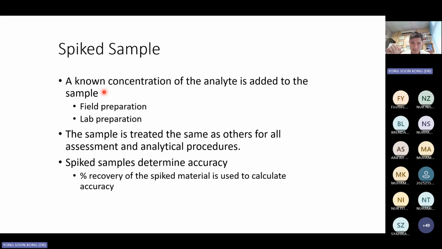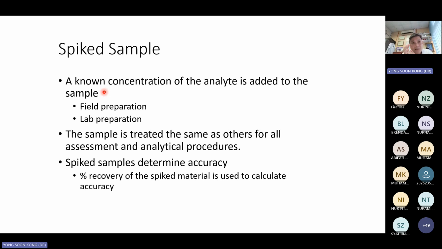Either during the field trip when you collect sample, or during the transportation where something happened to your copper or something happened to your bottle, or it could be due to in the lab, the equipment is no longer sensitive, rosak ke apa-apa ke, tak tepat. In some way, you know that based on this field spike sample or maybe lab spike samples, you know in what stage the contamination or the error, the systematic error happens.